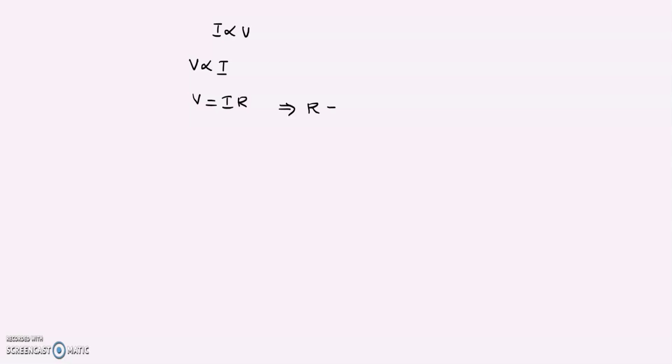Then R is equal to V by I. Here R is the proportionality constant. R is the constant of the conductor at a given temperature, and it is called resistance.